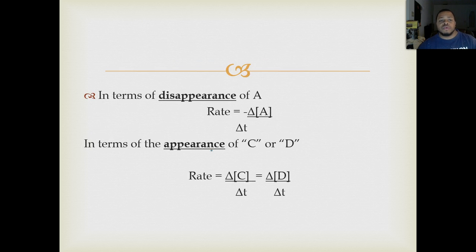So if I want to do things in terms of disappearance of A, I put a negative sign outside the change in concentration of A over the change in time. But if I'm looking at the appearance of C and D, it's going to be a positive value. Why? Because it's going from 0 and going up, whereas the other one is disappearing and going away.